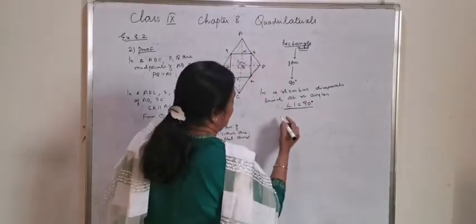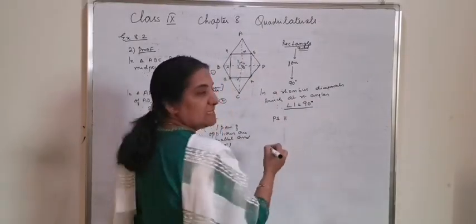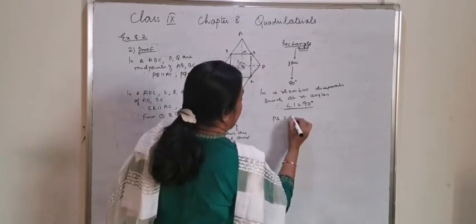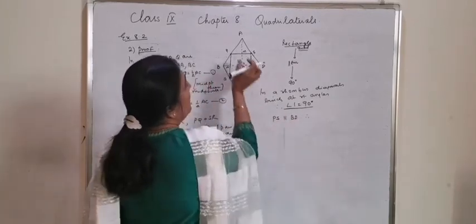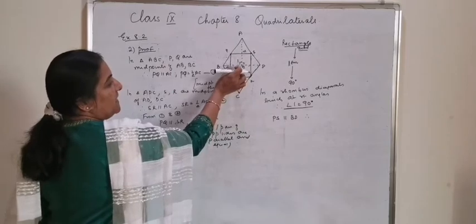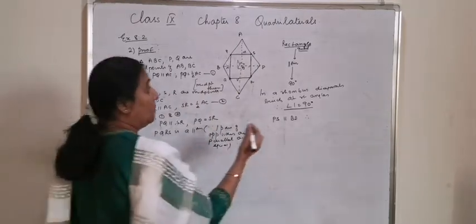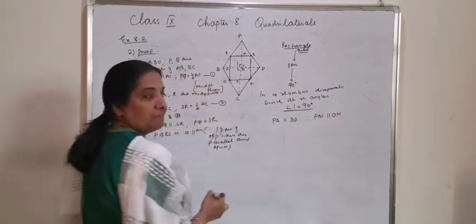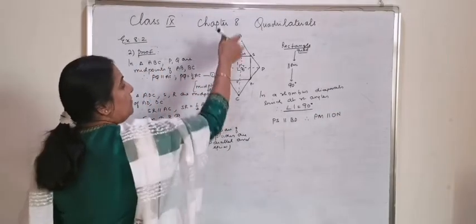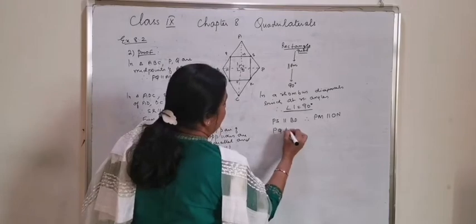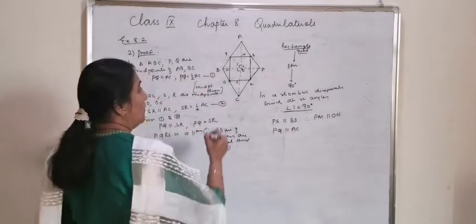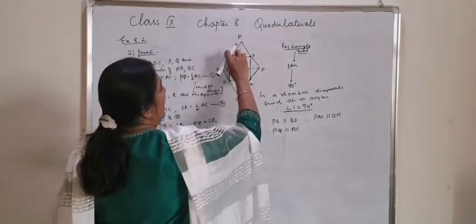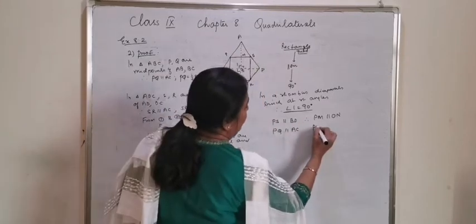PS parallel to BD. Therefore, a part of it PM is parallel to ON also. PM parallel to ON. Similarly, PQ parallel to AC, or a part of it PN parallel to OM.